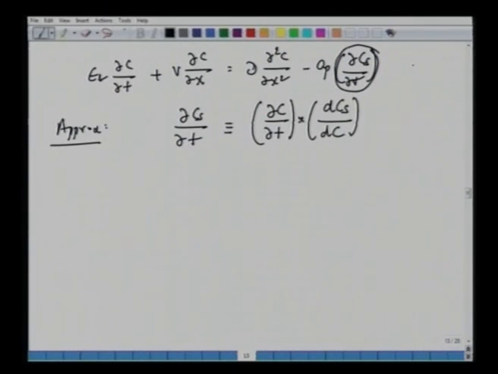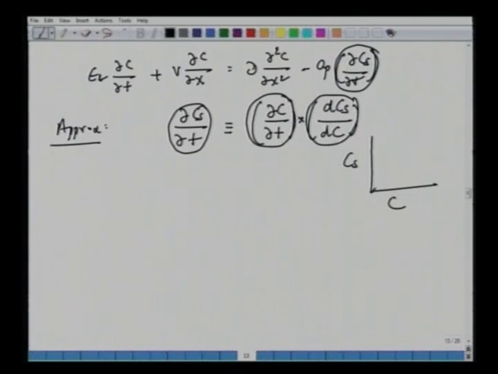Otherwise one will have to solve with the previous expression which we wrote, but the simplest common assumption would be that ∂C_s/∂t, the rate of change of the solid phase concentration, equals the rate of change of gas phase or liquid phase concentration multiplied by dC_s/dC. Mathematically, notice this term dC_s/dC is nothing but the slope of this isotherm.